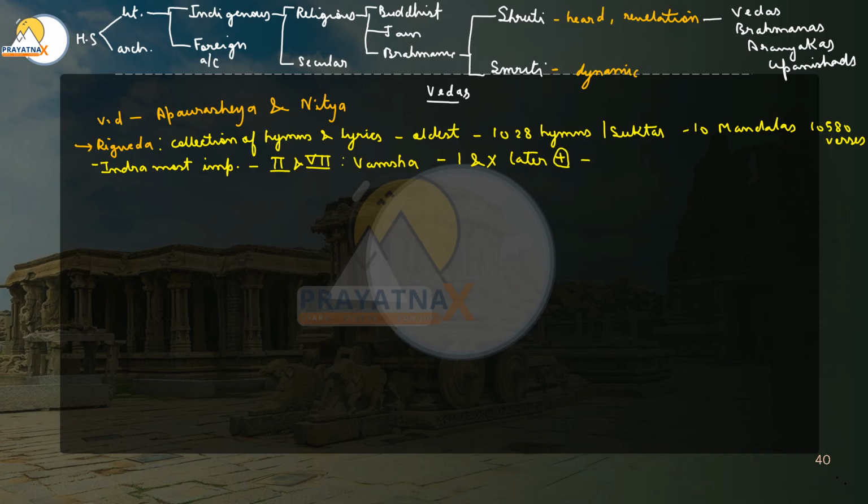Now, the third mandala is devoted to solar deity Savitri. It also contains the Gayatri mantra, which is written by, try to recall, Vishwamitra.